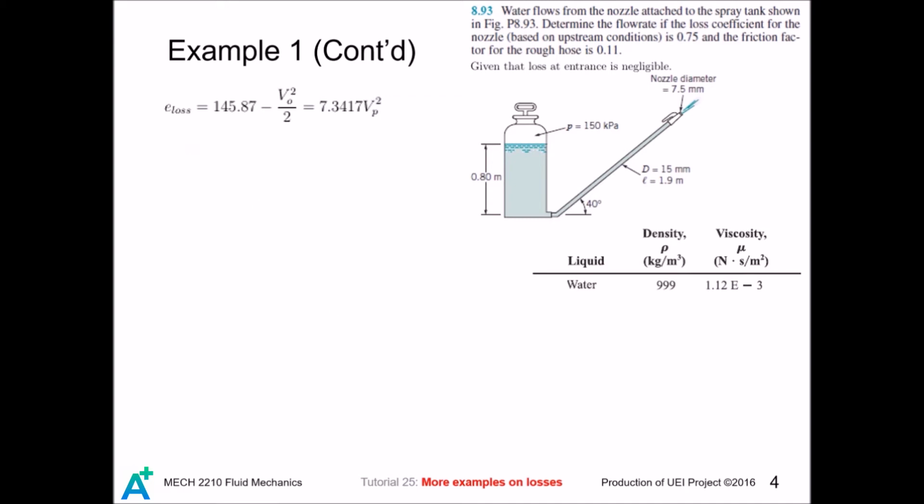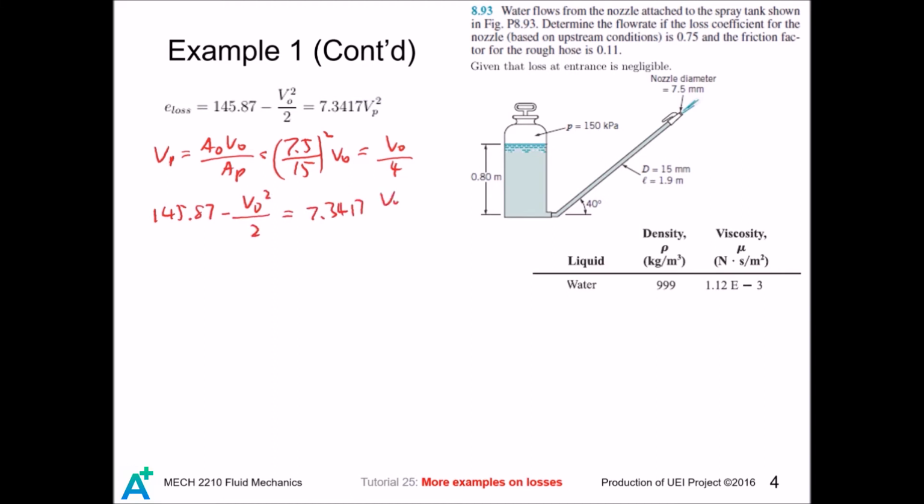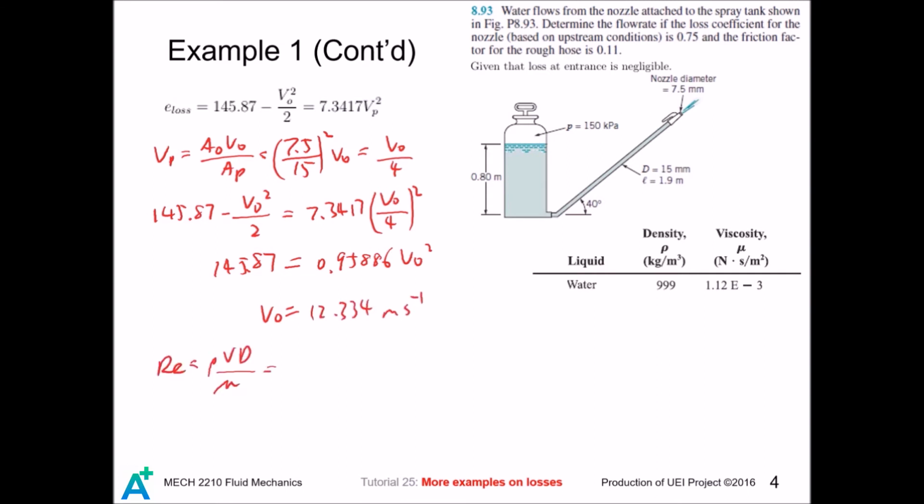To get rid of one of the unknowns, we shall apply the continuity equation. And we can substitute this result into our previous equation, so that we can solve for Vo. So that we can find the Reynolds number.